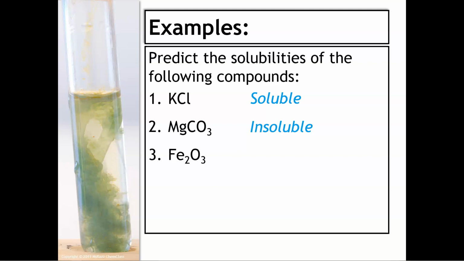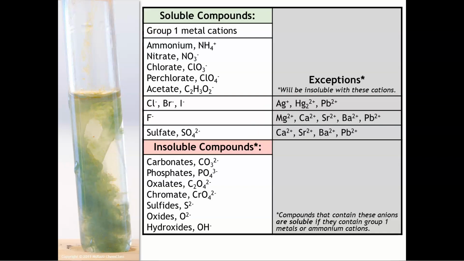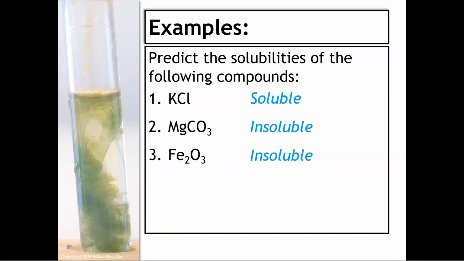So now we have iron(III) oxide. Again, look for the rule. Notice that this is also listed in the insoluble compound category. Iron is not a group 1 metal, and it's certainly not ammonium, so therefore this one is also considered to be insoluble.